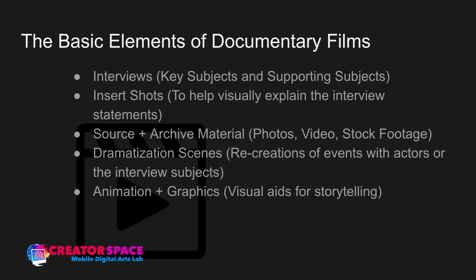Then we have things like source and archive material. So this could be materials from the subjects themselves, so their own photos, their own videos, home photos. Then there could be archival materials, so stock footage, from news, from archives, like actual archives. There's the Library and Archives of Canada. We have archives in each city, archives in each town and museum. Everyone has some sort of an archive within their area and around the world.